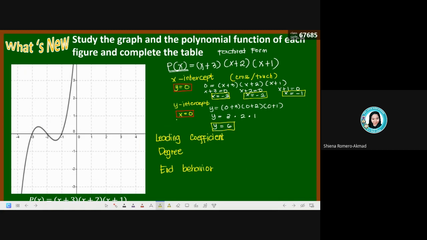It can also give us the graph na nararapat for that polynomial function. Okay? So, hanapin natin yung mga x. So, ito yung mga x natin, which is negative 3. Ayan. Sulat ko na rin. This is the negative 2. And this is negative 1. So, we have negative 3, negative 2, negative 1.